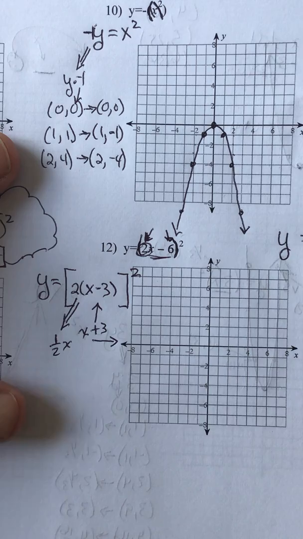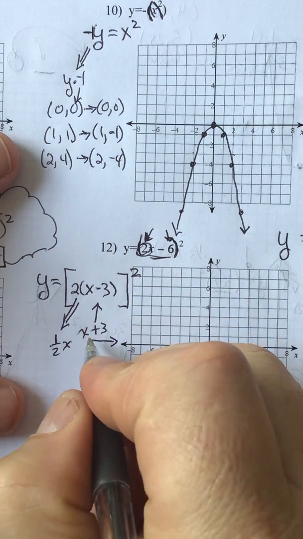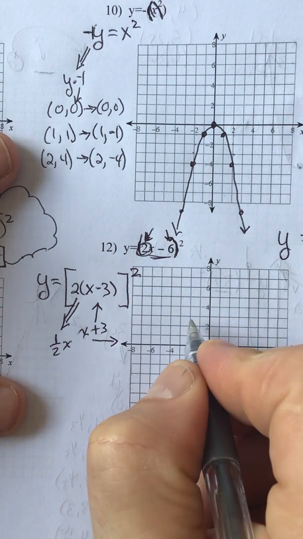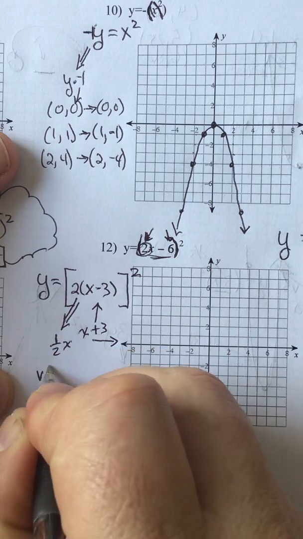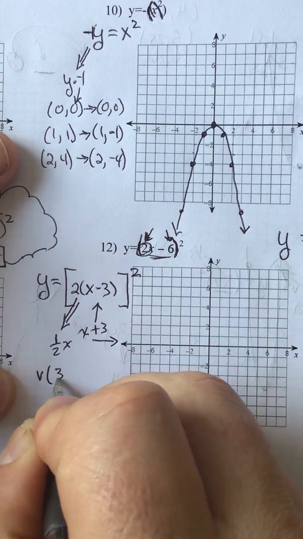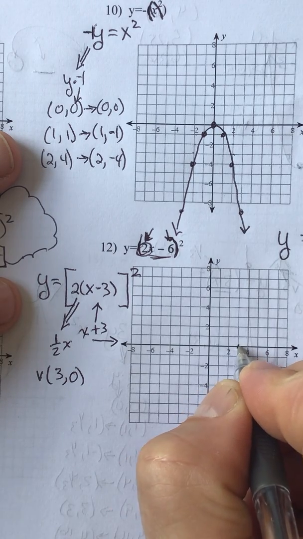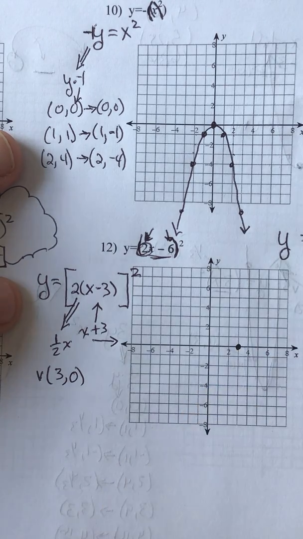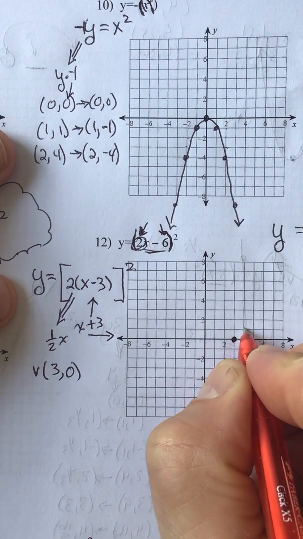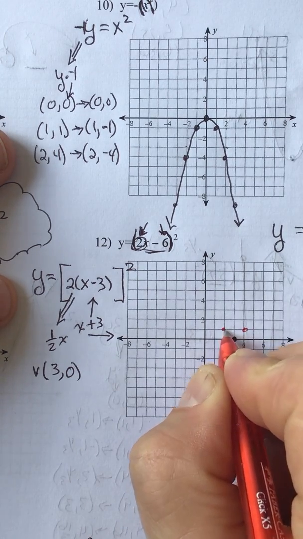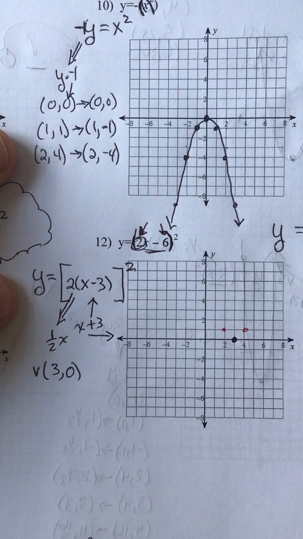Okay, so we should be able to deal with that. First of all, the vertex is going to get shifted over 3. So the new vertex is going to be 3 for the x, and there was no shifting on the y. So the new vertex is at 3, 0. I'm supposed to go over 1, up 1, over 1, up 1, but that's not what I'm going to do.